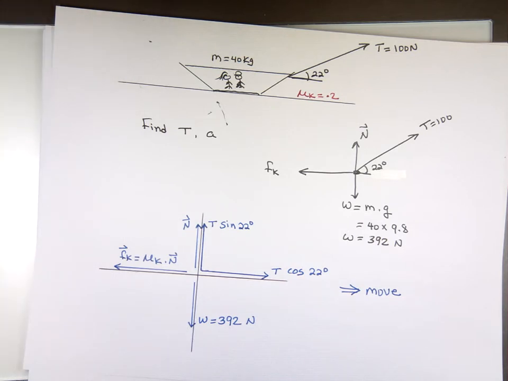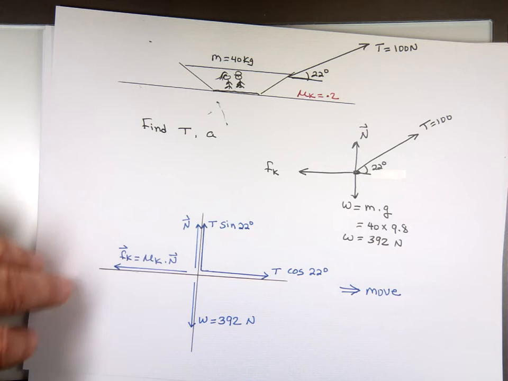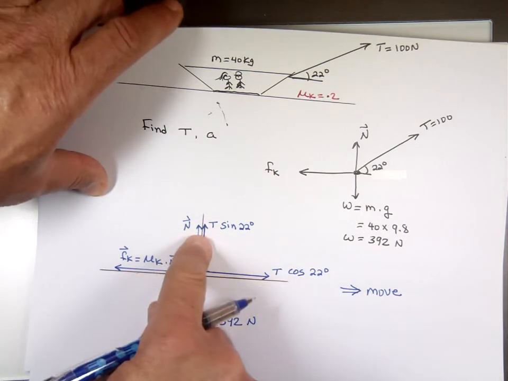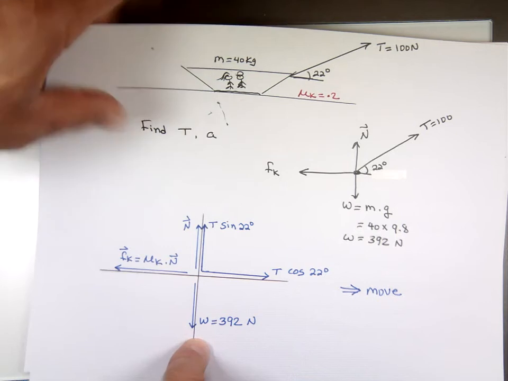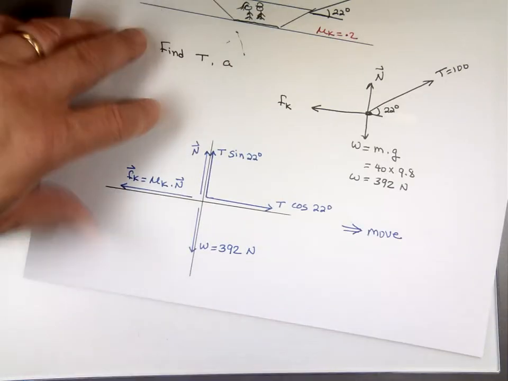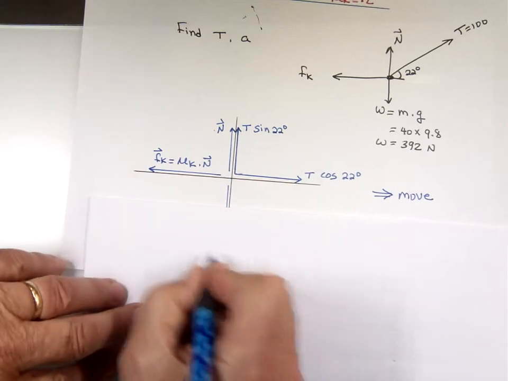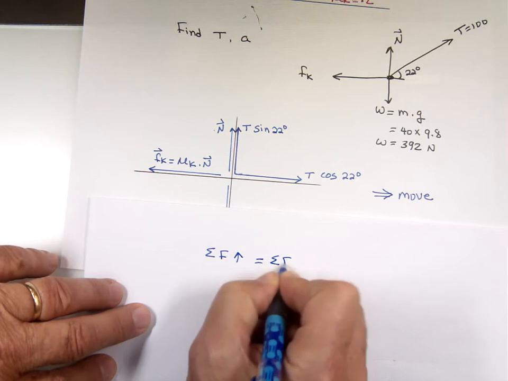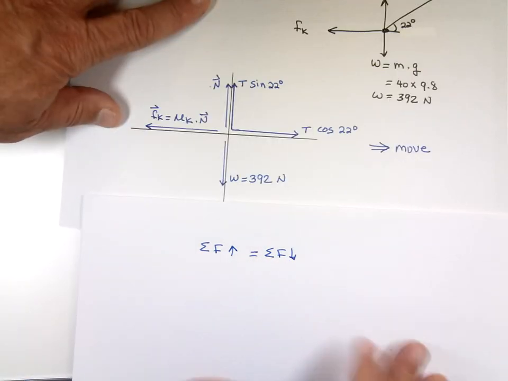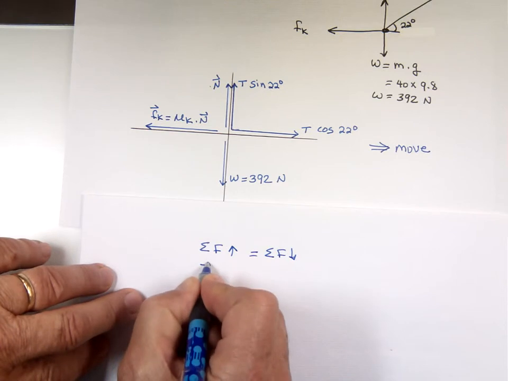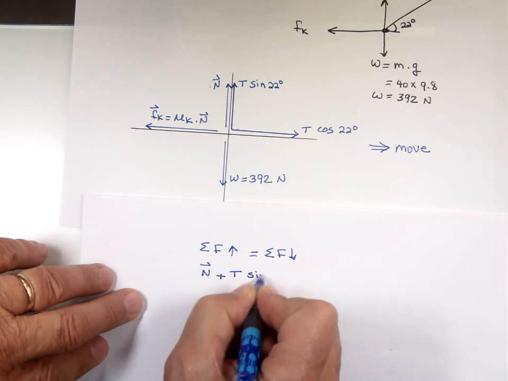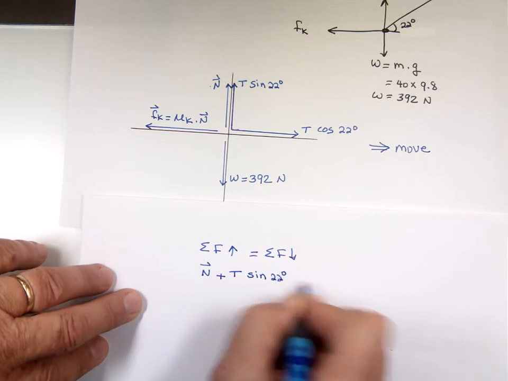Now, was the sled bouncing, going up in the air or into the snow in this direction? Was it moving? That tells me the sum of the forces pointing upward should equal the sum of the forces pointing down. What do we have pointing upward? We have the normal force, add to it T sine of 22 degrees, should equal the weight, which is what? 392.